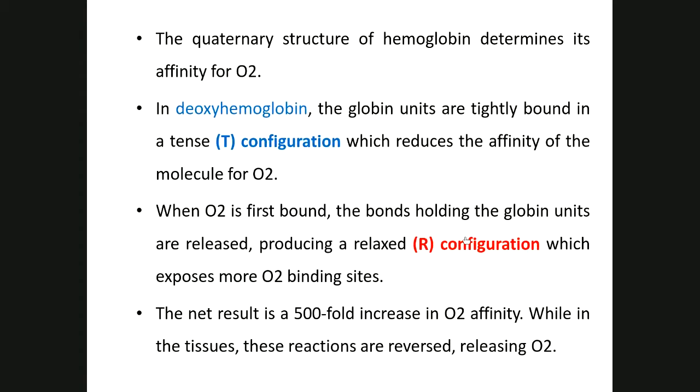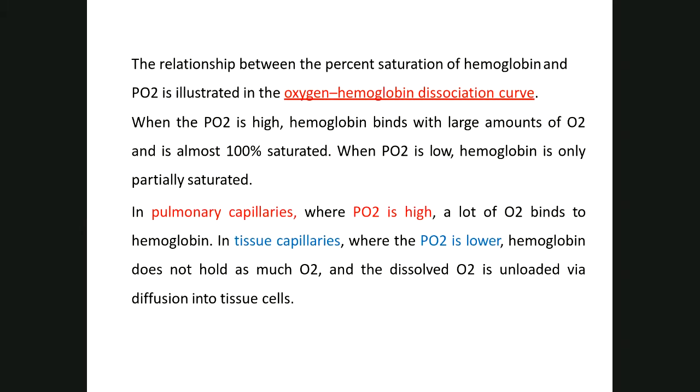In general, the relationship between oxygen and hemoglobin can be presented on a graph, and this graph is called the oxygen hemoglobin dissociation curve.